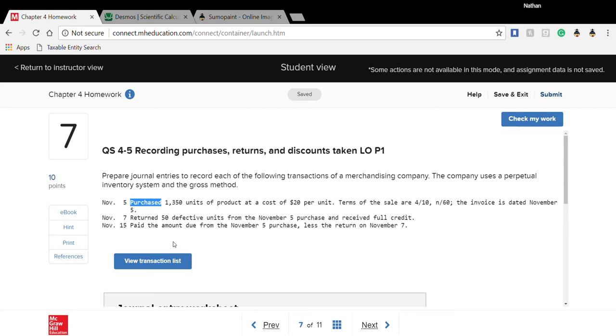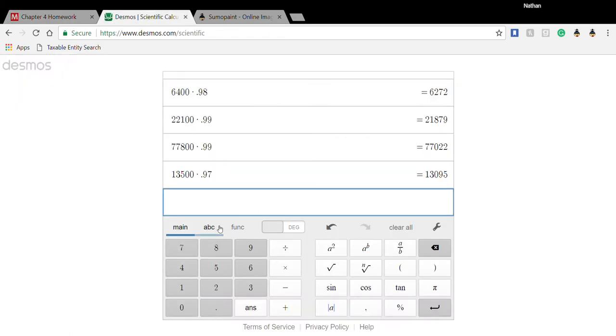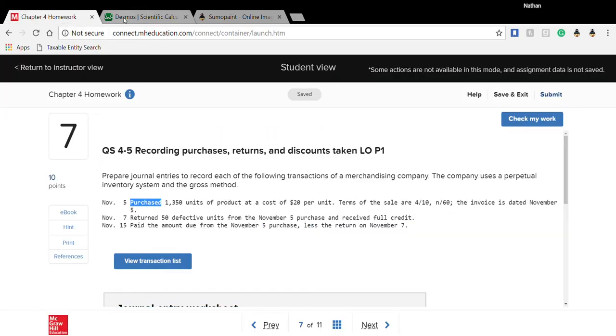So first off, we have a purchase of 1,350 units of a product, and it costs us $20 per unit. Alright, so this doesn't give us the actual cost. So let's figure that out real quick. So take our calculator. We purchase 1,350. We purchase it for 20 bucks.